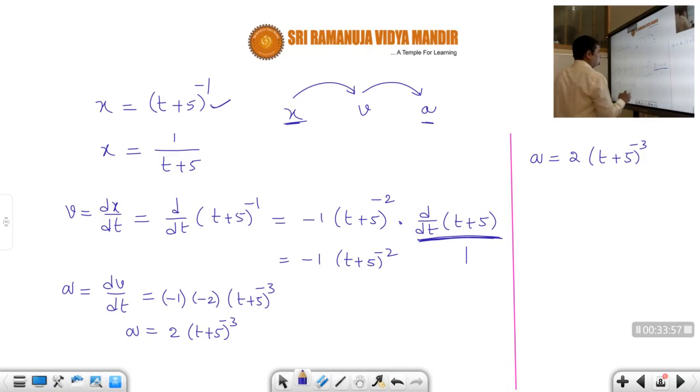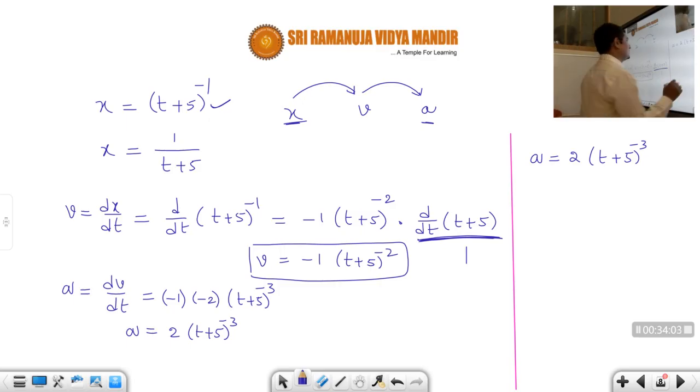Now in terms of velocity, we know velocity is given as v is equal to minus 1 times (t plus 5) whole power minus 2. So if you want to write whole power minus 3 from whole power minus 2, what we have to do? You have to divide and multiply. That means 3 by 2 into 2.